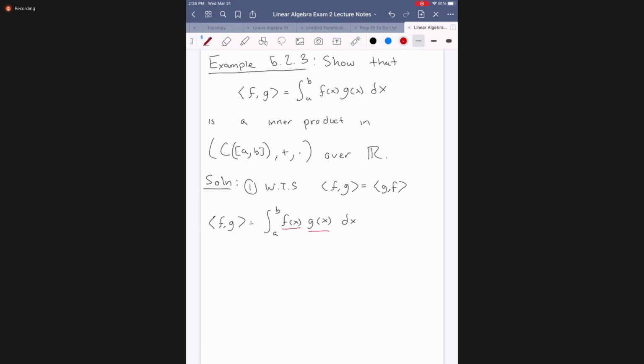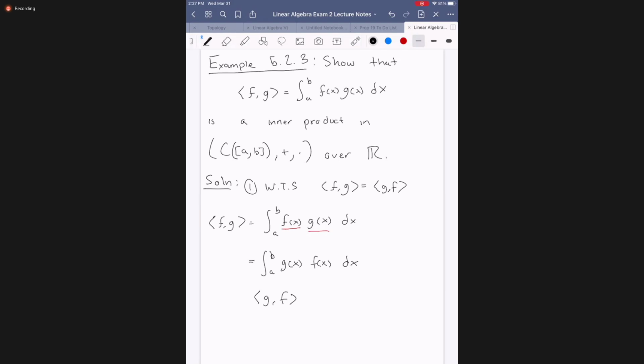If you evaluate a number on a function, what is that object now? Just take any function and evaluate a number on it. What do you get? A number, right? So these are real numbers, so they commute. So this is just going to be the integral of g of x, f of x, dx. I mean, the integral of x squared cosine of x is the same thing as the integral of cosine times x squared, right? So this is now G, F. Perfect.